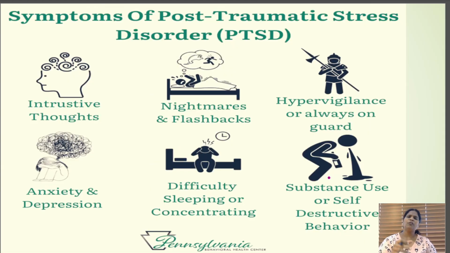Coming to symptoms of PTSD, intrusive thoughts. When we say intrusive thoughts, these thoughts are not voluntary. They don't initiate, but like obsessions, they are repeated unwanted thoughts. The traumatic event that occurred keeps coming to that person's mind again and again. Then they will have nightmares and flashbacks, as we said.